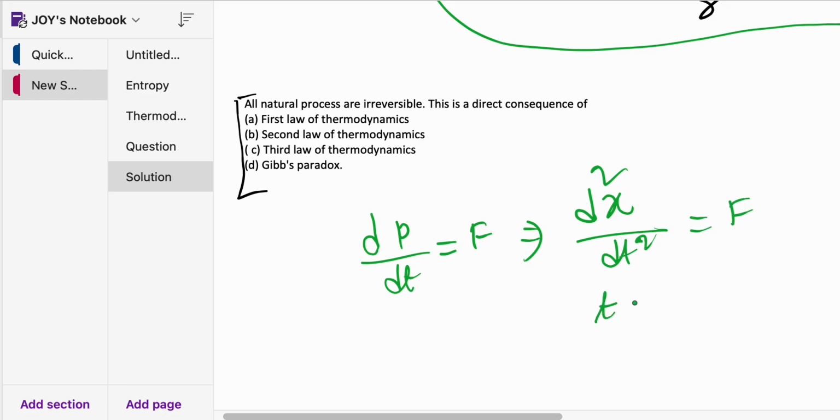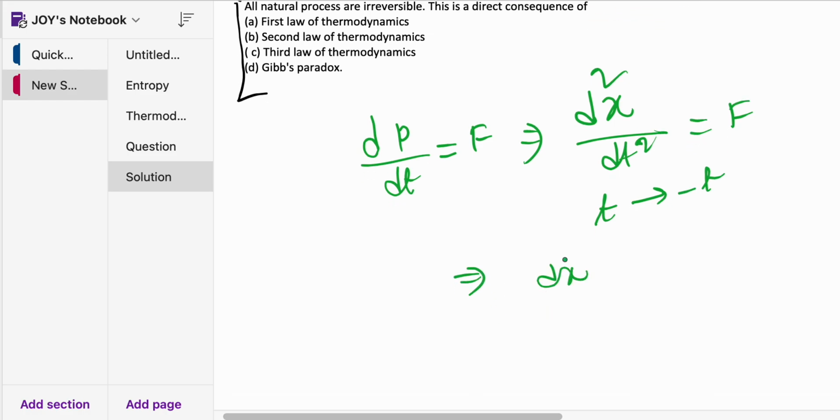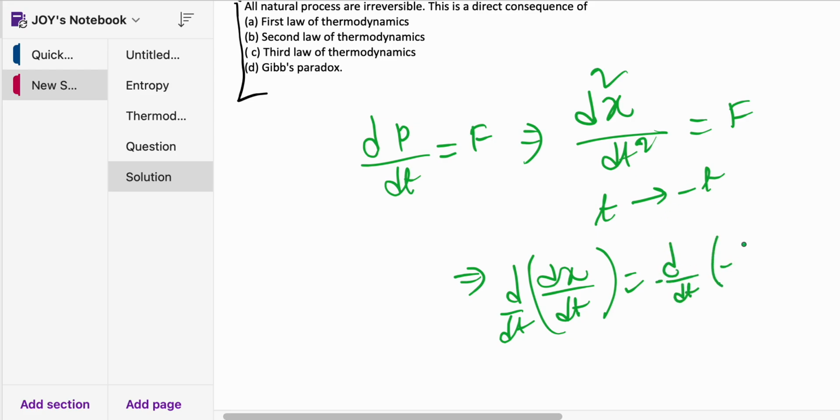So if t goes to minus t, then d/dt of dx/dt will each get one negative sign, because t goes to minus t, and there is always another negative sign. So overall there is no negative sign at all.